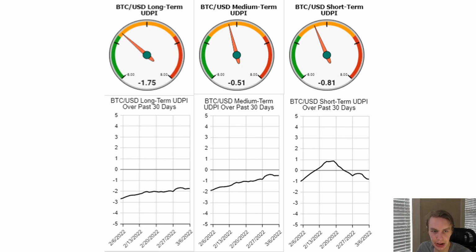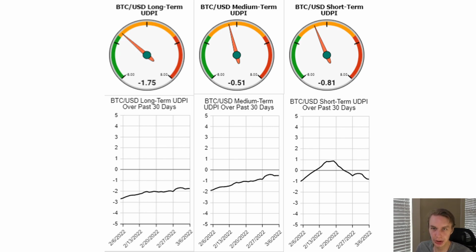And here we're still at negative 1.75. Now this is elevated from where it had been just a few weeks previously, so that might be one sign that the UDPI thinks we're getting to a bit more uncertain territory right now. With the way that Bitcoin's been behaving, there is plausible downside that could happen in the coming months. But overall, it sees there being more realistic upside than downside.